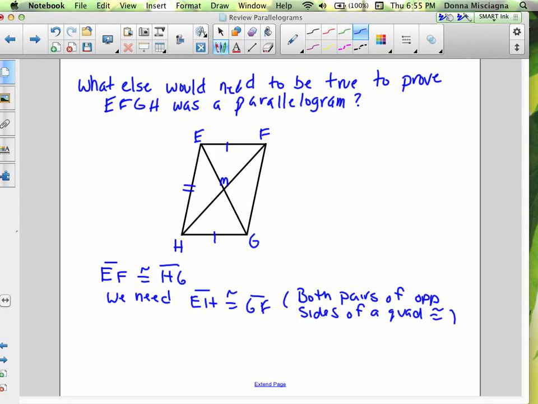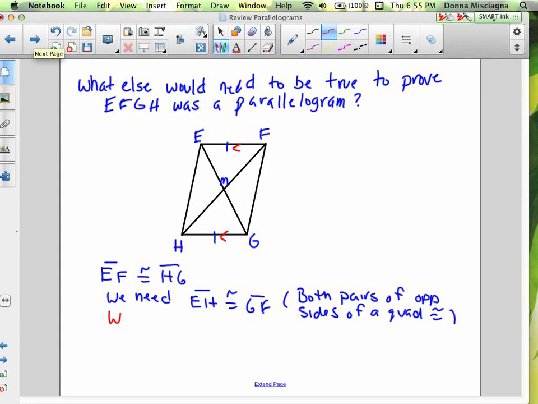But is this the only way to prove that's a parallelogram? Is there another way we could still prove this is a parallelogram without knowing that pair of sides was congruent? Well, we actually have one other way. So if EF, so let me write we need, so it's clear it's not already given.